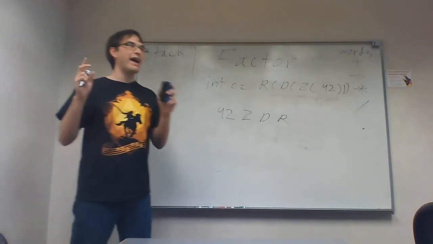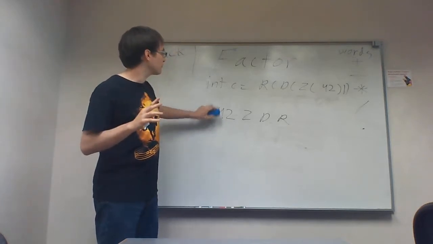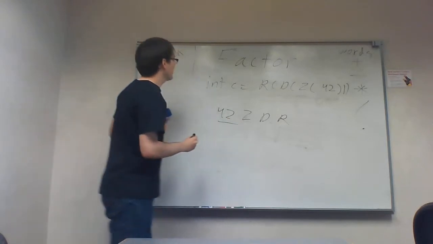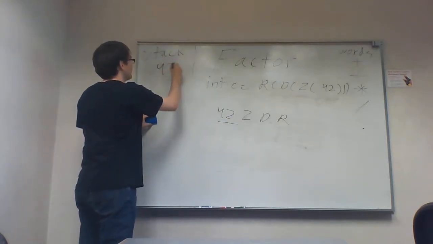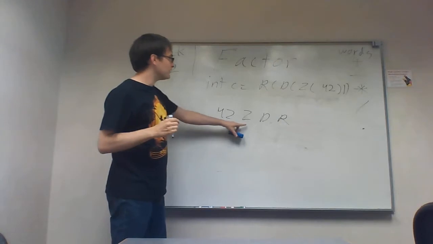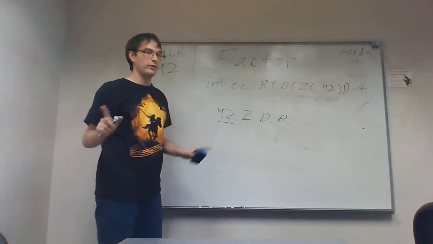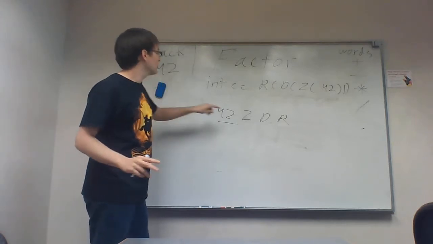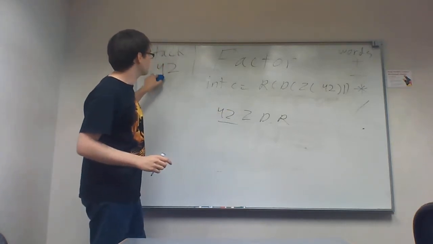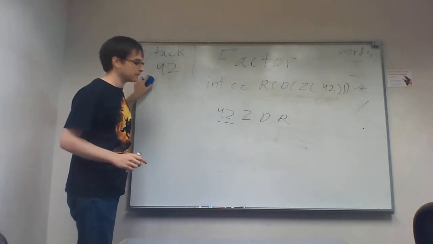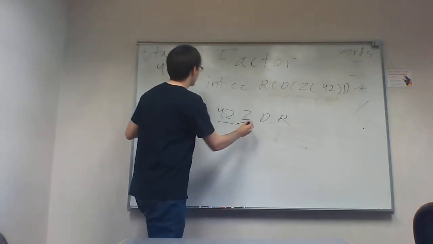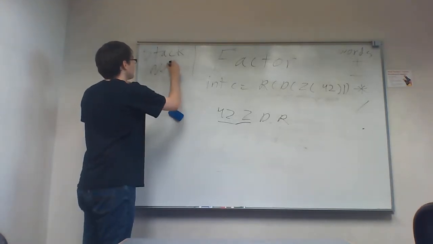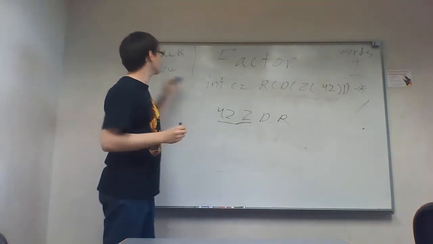But how it actually really goes through is 42 gets used and it's put on the stack. And then z doesn't care about what's right before it at all. What it cares about is what's on the stack. So it would grab 42 from the stack, and then output a new value onto the stack.